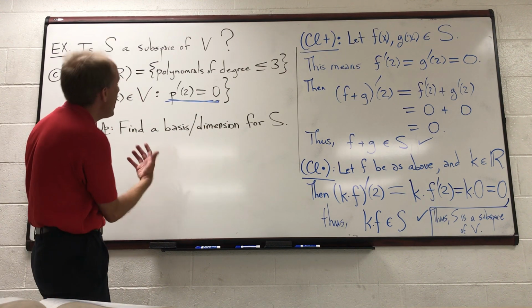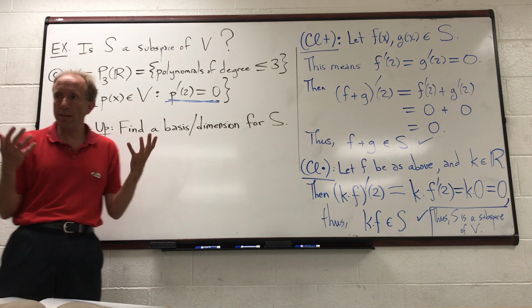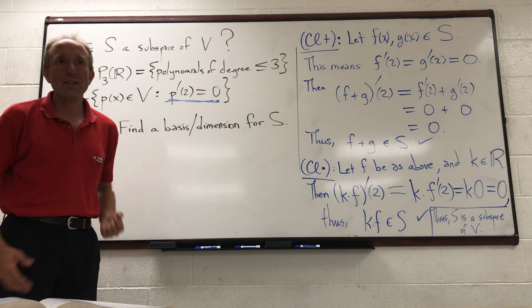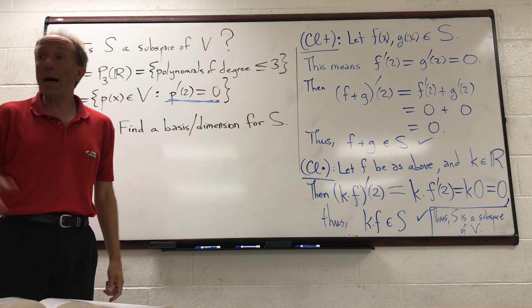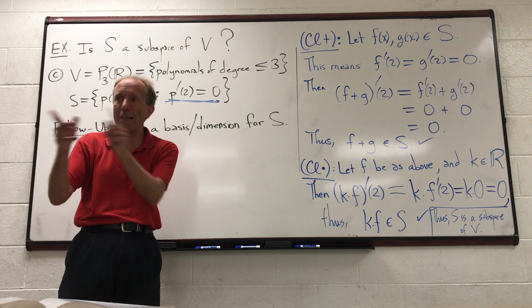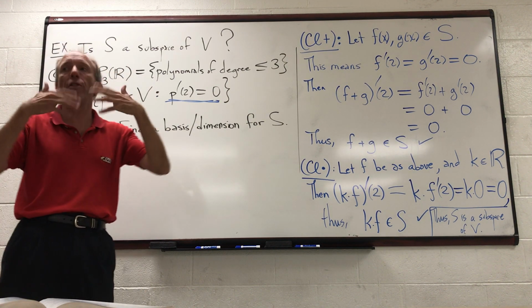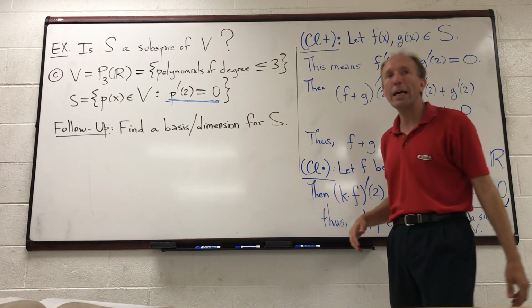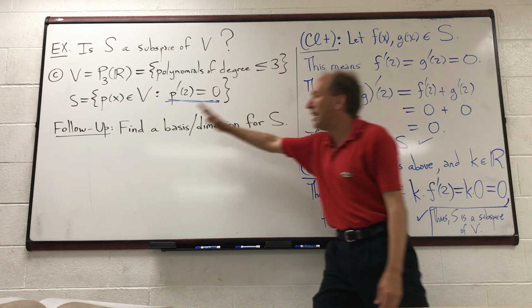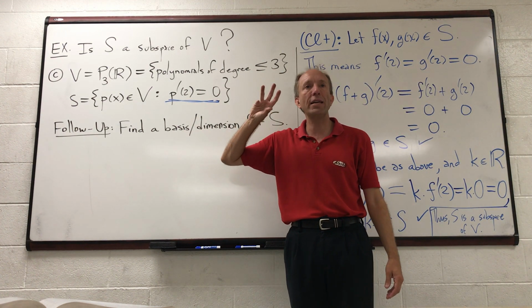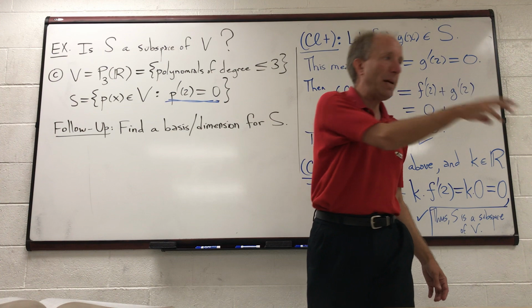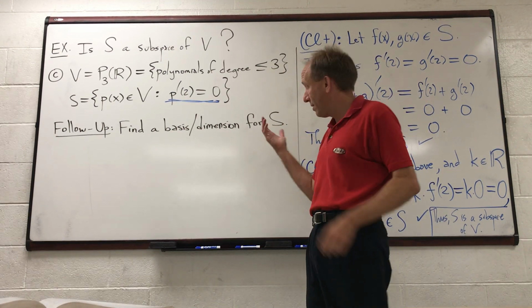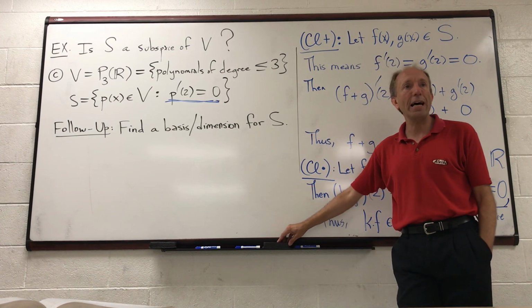But here we don't even have any vectors in our hands yet to do that with. So we might get to that point, but before we can get to that point, we need to figure out, well, what are the proposed basis vectors that we're looking at. So this is the find a basis question. This is not asking, is something a basis? We're being asked to make it for ourselves and to create the basis for this set.